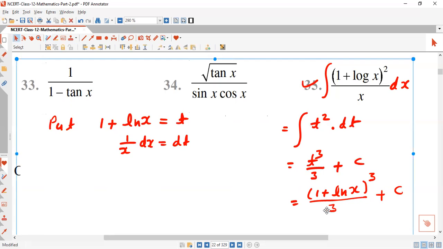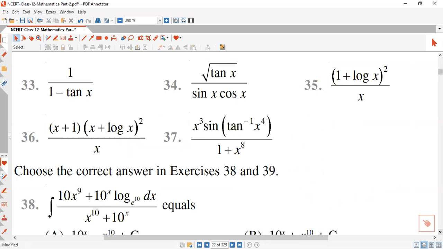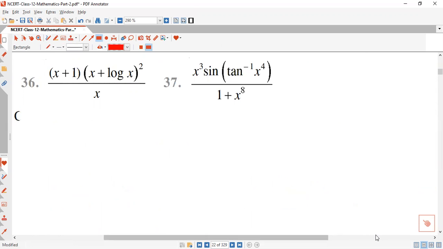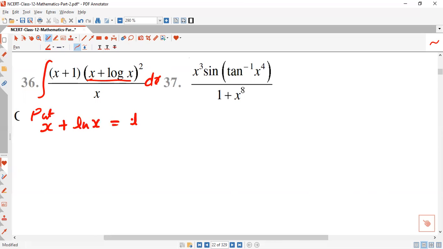Now, next question, question number 36. Again in this question we have log terms, and in the denominator we have small x. So naturally these log terms can serve this purpose. We take the squared term as t: put x plus log x equal to t. So we get 1 plus 1 upon x dx equal to dt.